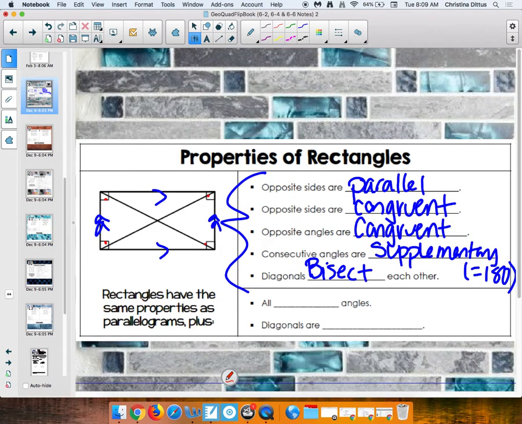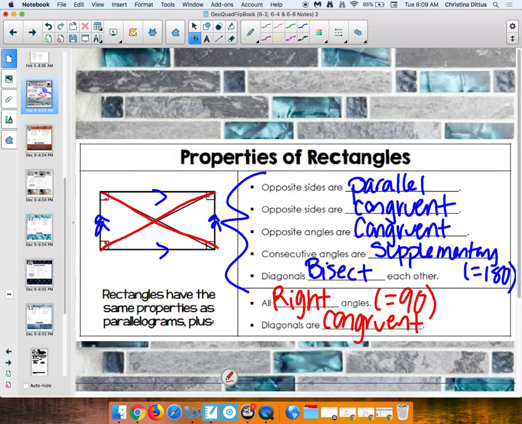We have all right angles in the corners, so all our angles equal 90. Another thing that makes rectangles special are diagonals. The diagonals are equal to each other. They're congruent, so not only do they bisect each other, they're also the same.